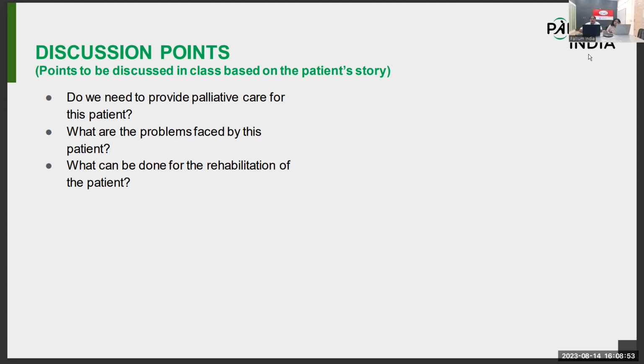Okay, I hope you have understood how this case has been managed. Though we have read the case, we know that the patient needs palliative care support. The problems he faced, we have to touch the 4 aspects. All aspects have to be covered in order to maintain that patient as a single being, right? And also the rehabilitation, like he is making umbrellas now.